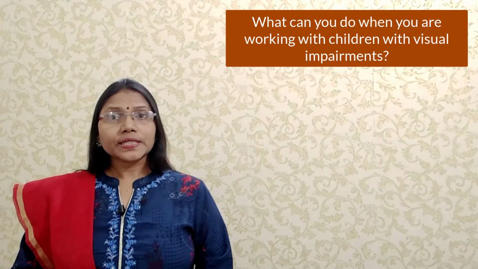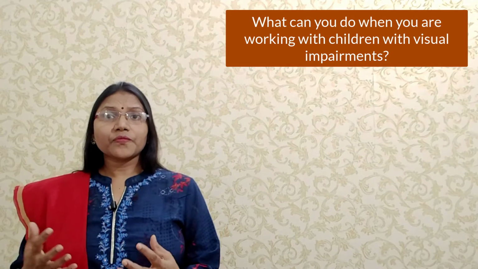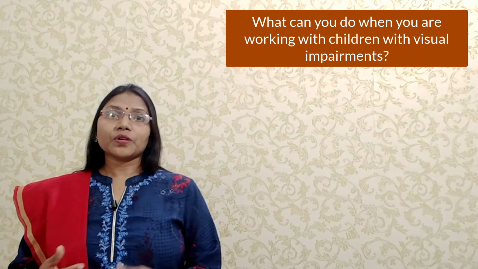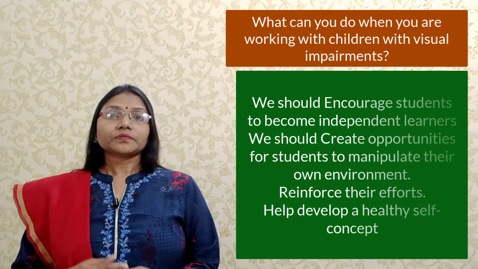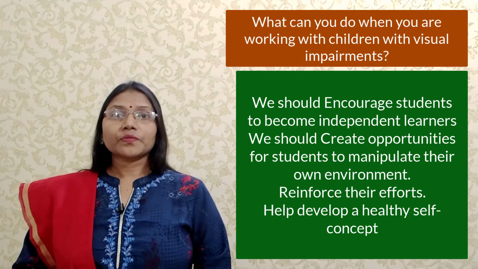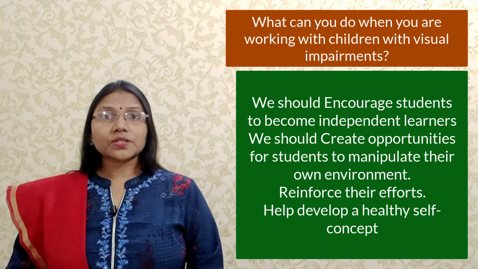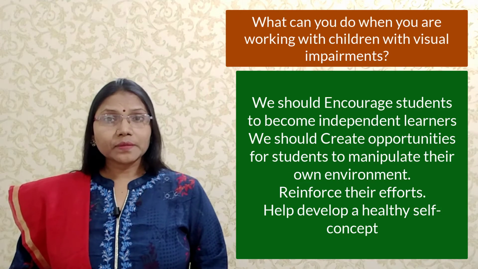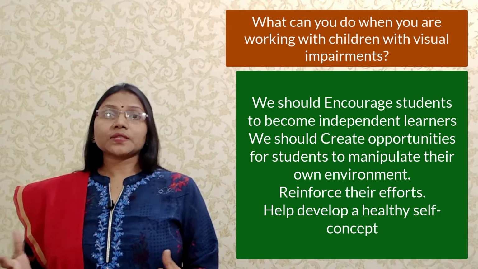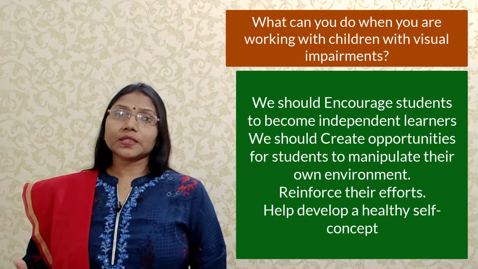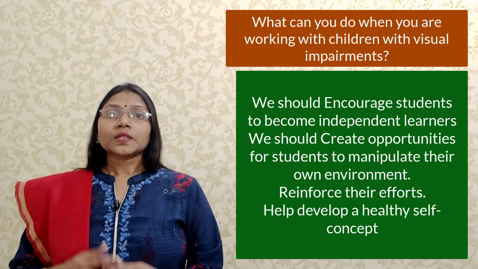So, the question arises, what can you do when you are working with children with visual impairment? So, we should encourage students to become independent learners. We should create opportunities for students to manipulate their own environment.